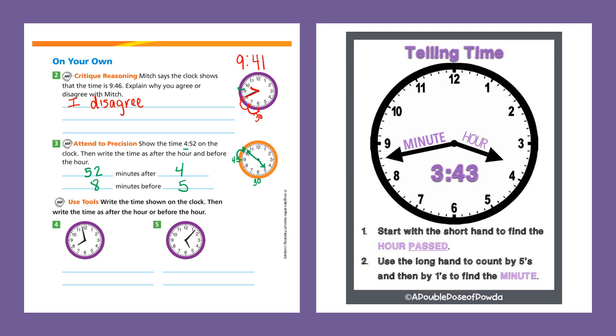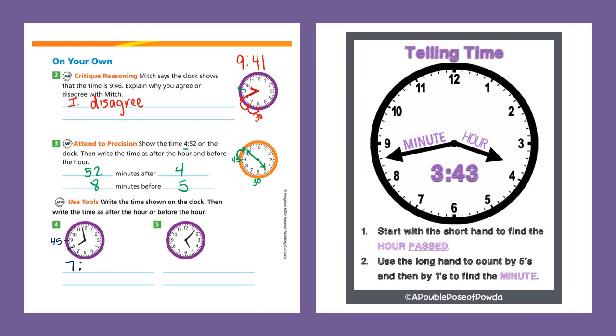And the last 2, write the time shown on the clock. Then write the time as after the hour or before the hour. Well, let's see. This one, number 4, we know that the hour hand is between 7 and 8. So the hour is 7. And the minutes, I know that this is 45.